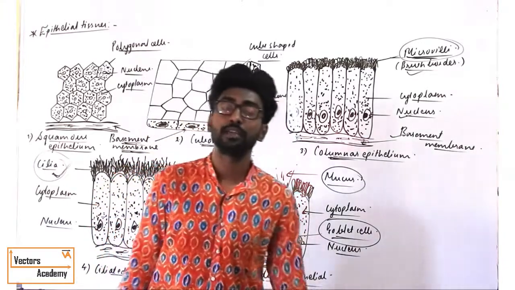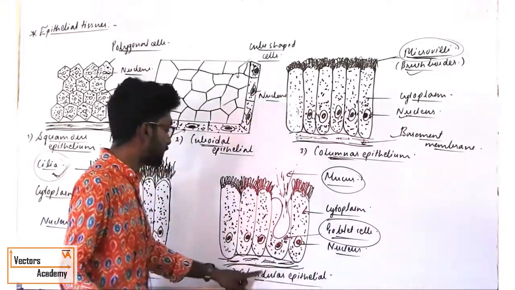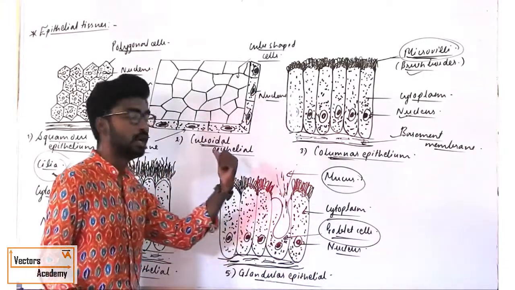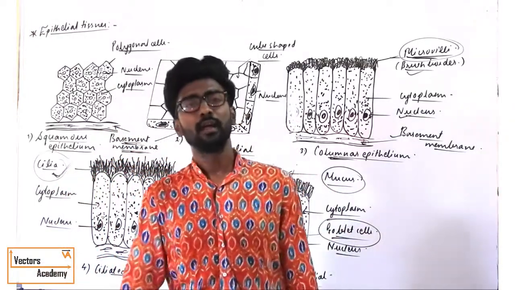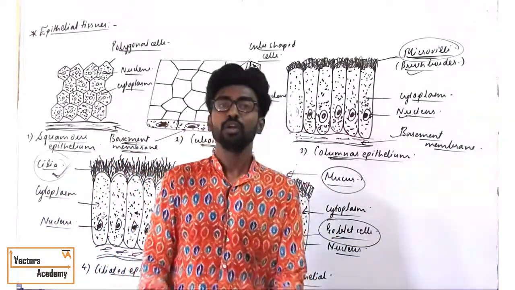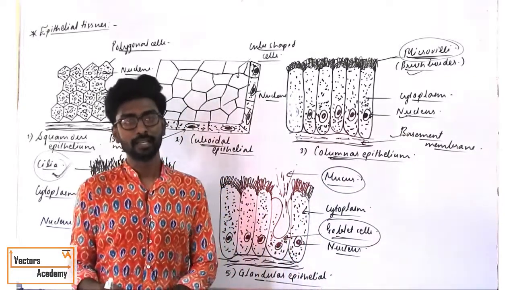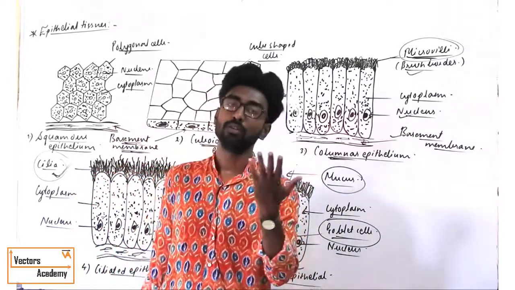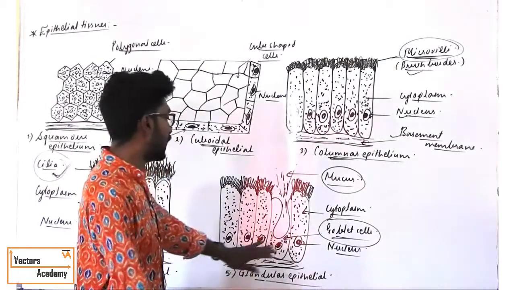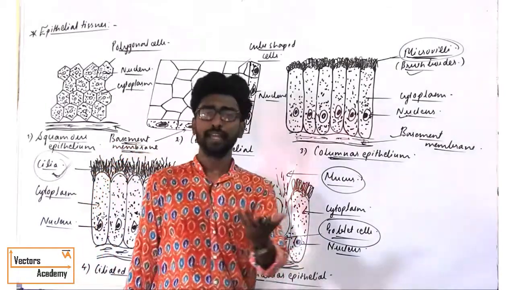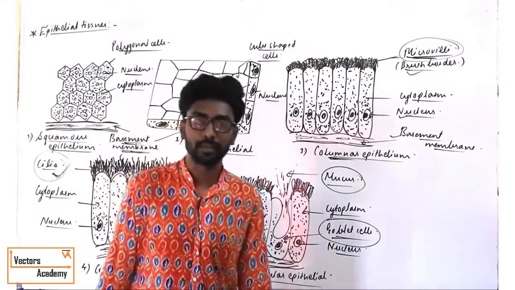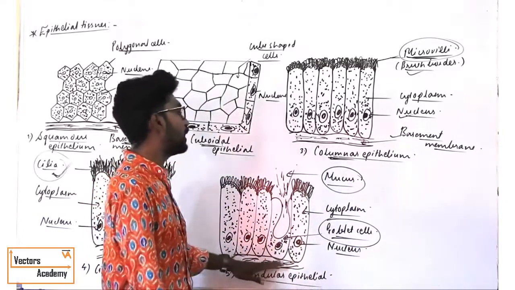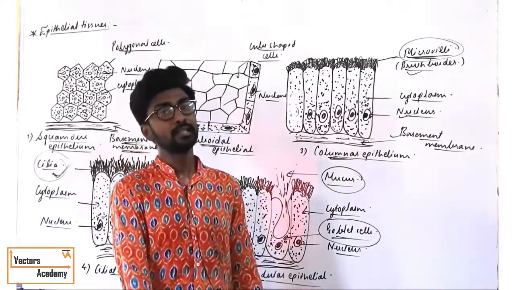So mucus is secreted by goblet cells, generally present in glandular epithelial tissue. They might be of two types, unicellular glands or multicellular glands. Now let's talk about the function. All glands have only one function, that is secretion, so glandular epithelium plays an important role in secretion.